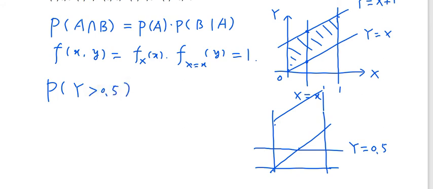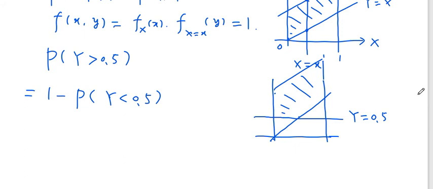Y larger than 0.5 is this part. So we find 1 minus this, since less than 0.5 is simple. Less than 0.5 is the area of this part. So here's half, and this area is just 1/4.